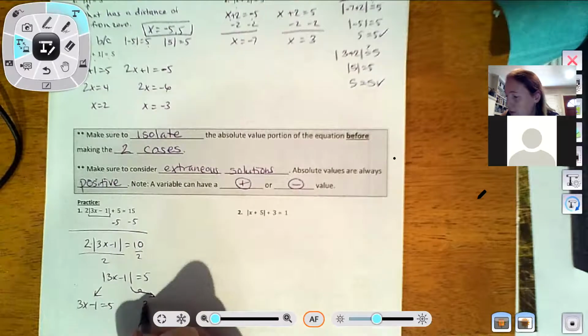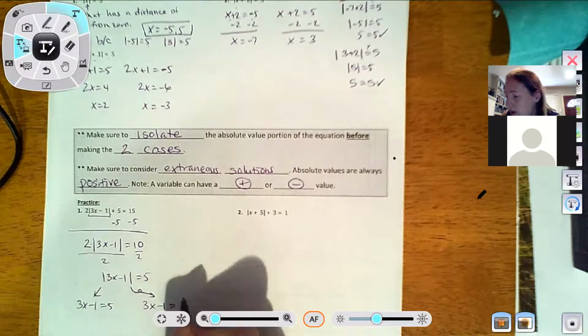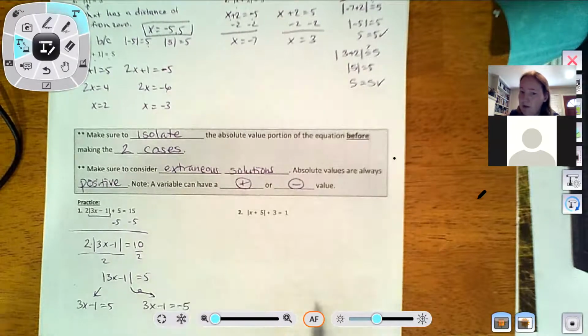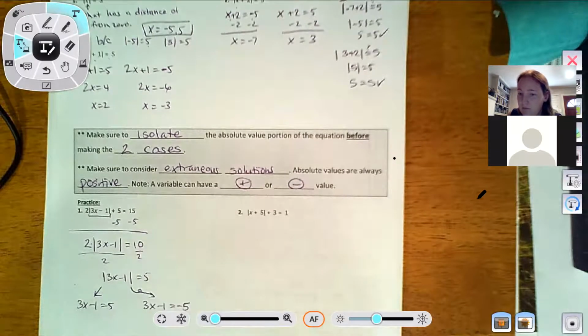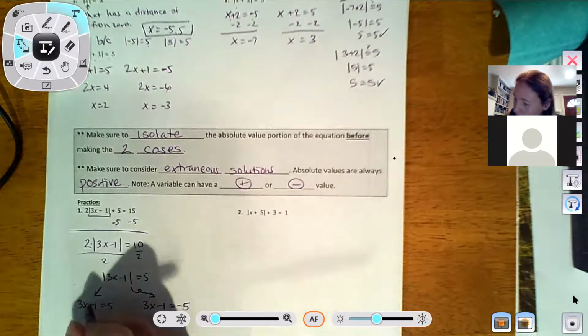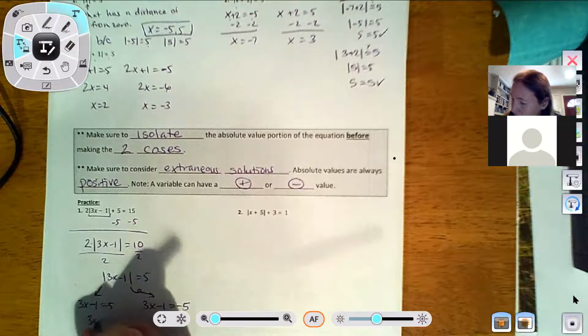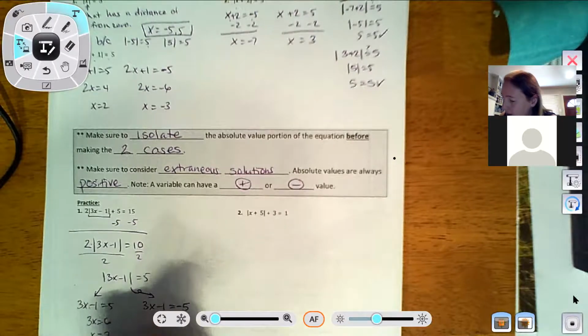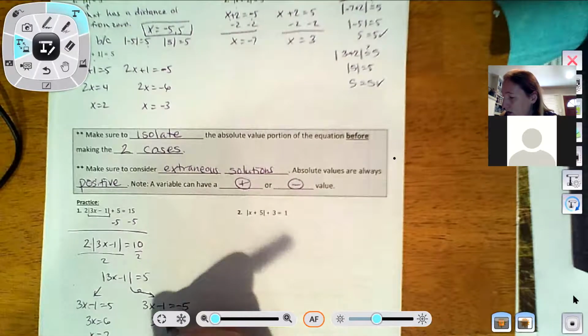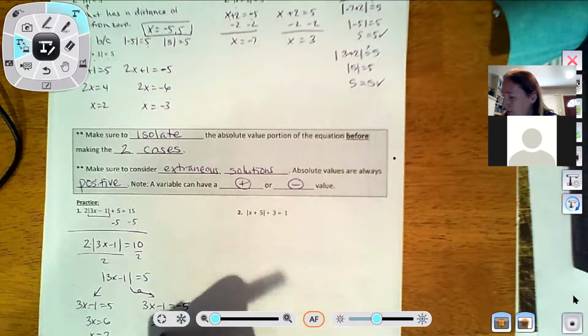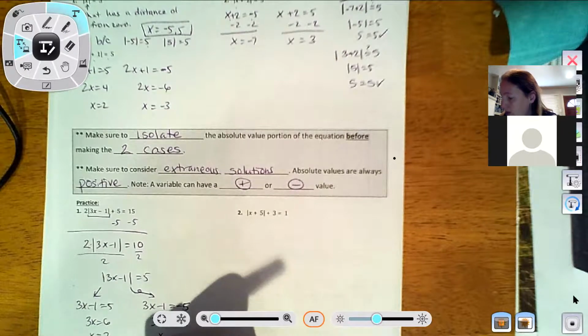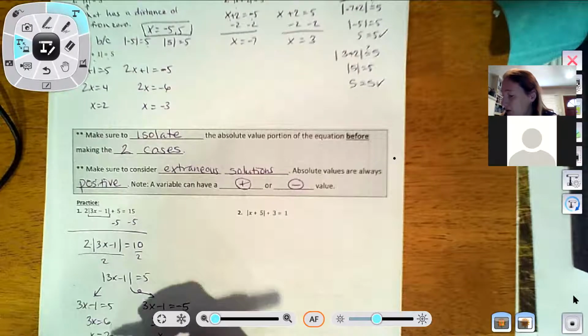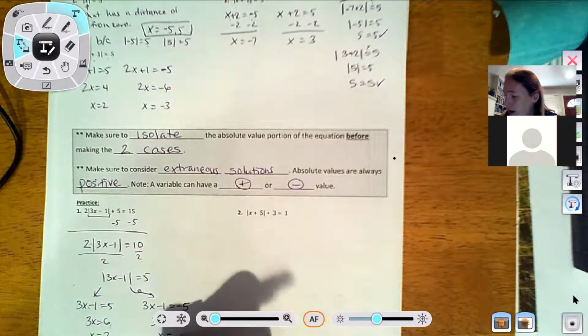Case 2, drop the bars and change one side to its opposite. And then solving from there, adding 1, dividing by 2, adding 1, dividing, oh, I said dividing by 2. I meant dividing by 3 gets you 2, and here dividing by 3 gets you -4/3.